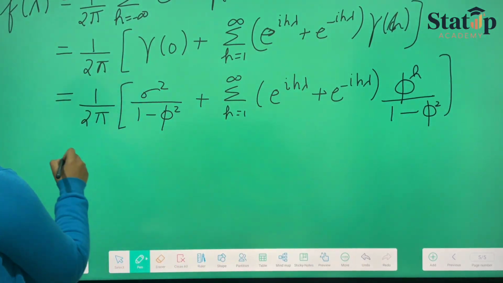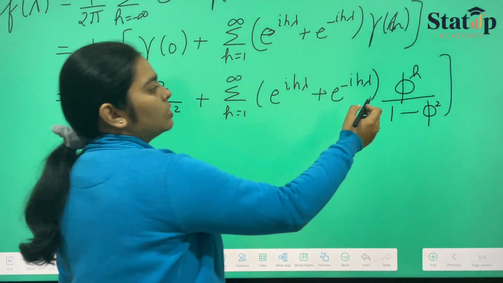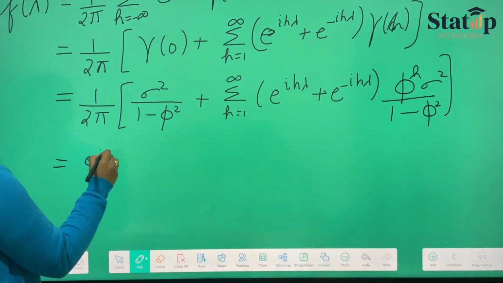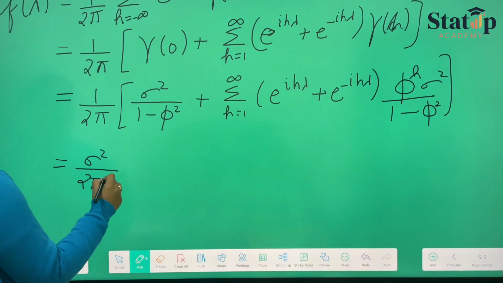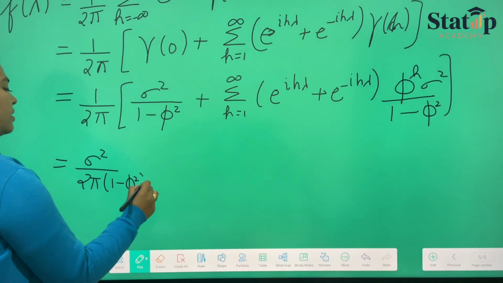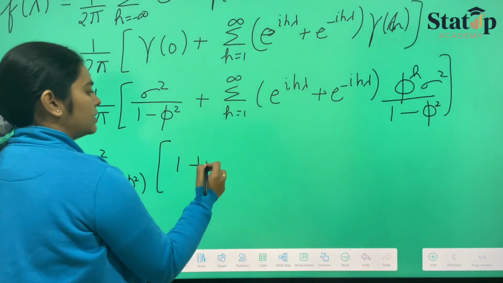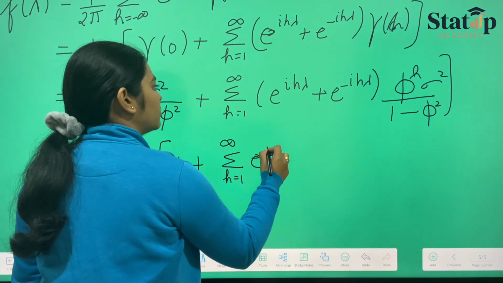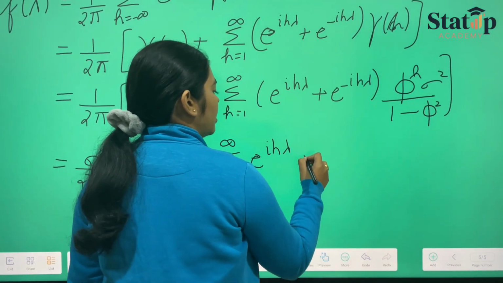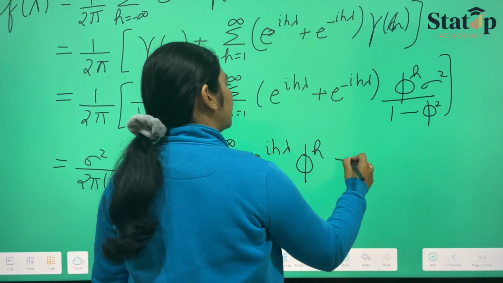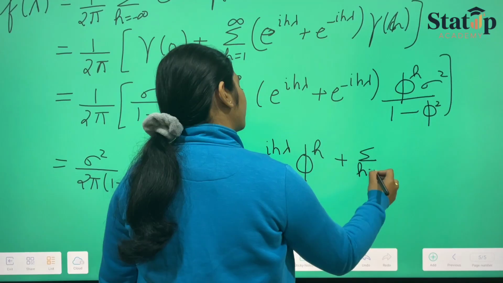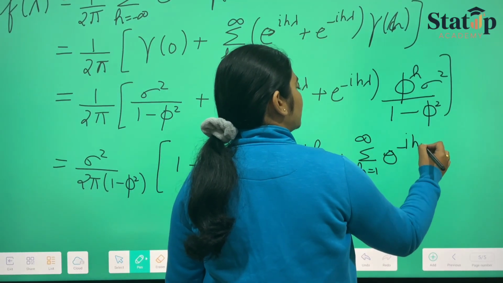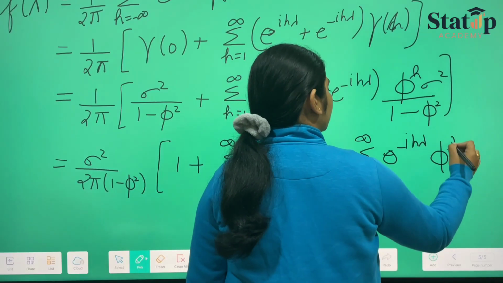Now taking the common terms outside, sigma square will also be multiplied here. We will be getting sigma square upon 2 pi times 1 minus phi square, bracket 1 plus summation h goes from 1 to infinity e raised to the power i h lambda phi^h plus summation h goes from 1 to infinity e raised to the power minus i h lambda phi^h.